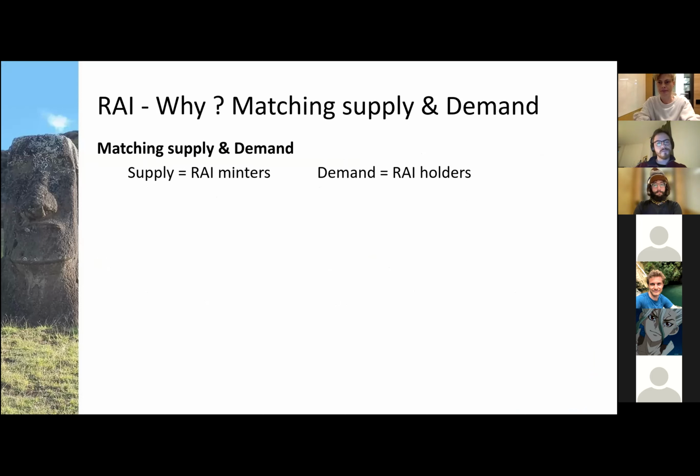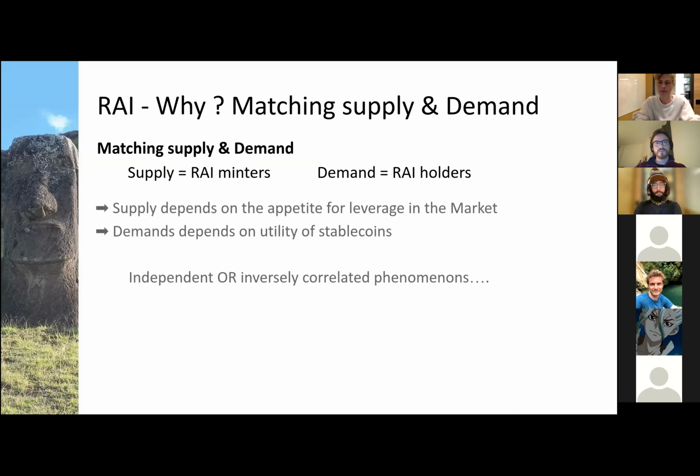And the demand is the RAI holder, people that want RAI for various reasons. And there is a paradigm with this kind of system, that the supply often depends on the appetite for leverage in the market, right? Because the people that mint RAI lock in Ether, take a loan against it, and lever up against Ether.